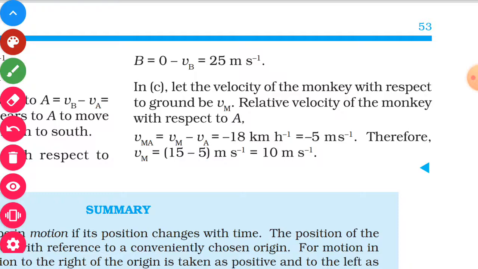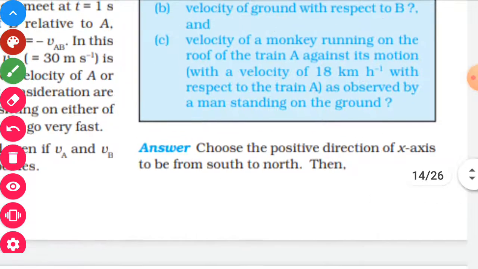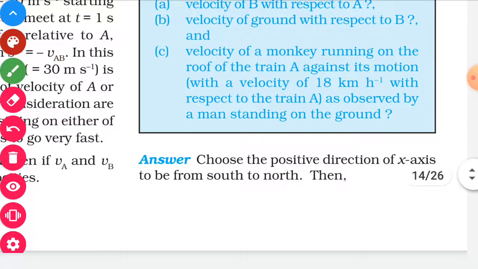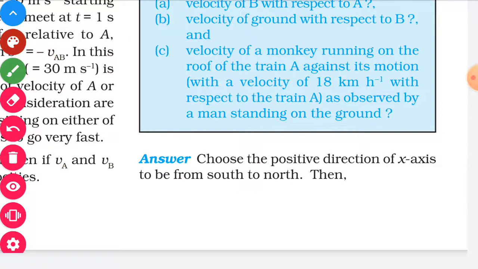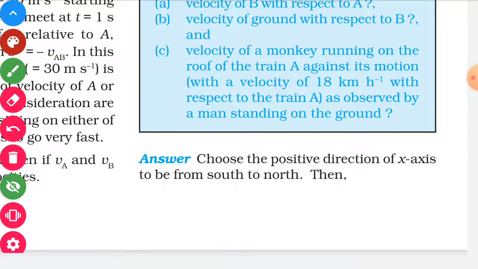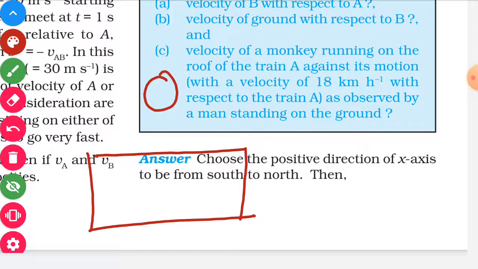Now in C, velocity of monkey running on the roof of train A against the motion. Now what is the position? Here there is a train, and on it the monkey is moving. Now train A is moving towards north.